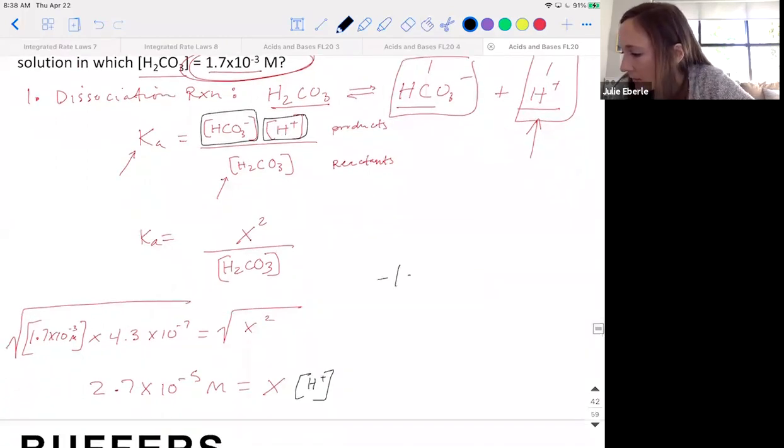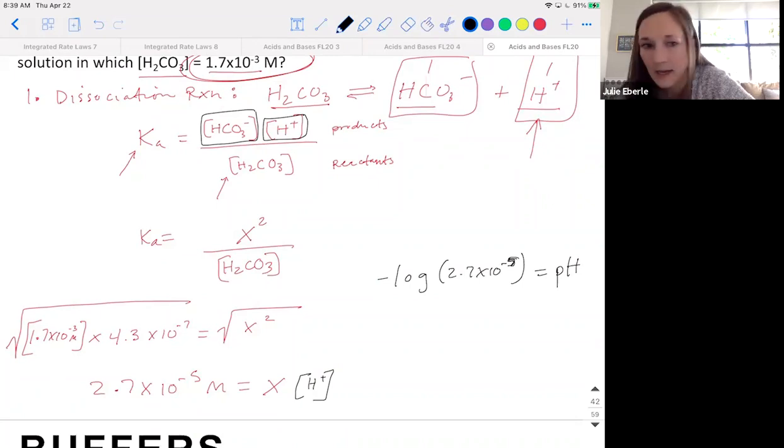So negative log of 2.7 times 10 to the minus 5 equals, sorry, that equals pH. And I got 4 point, we round, it's 4.57.